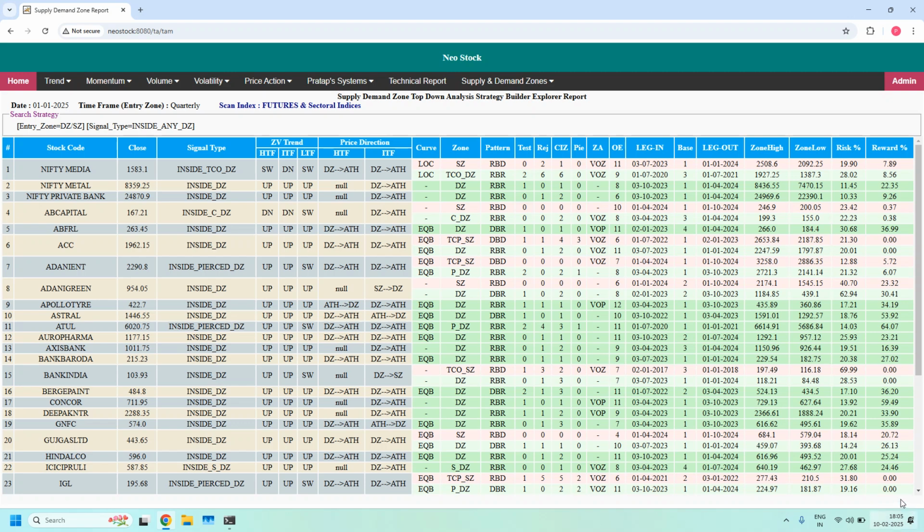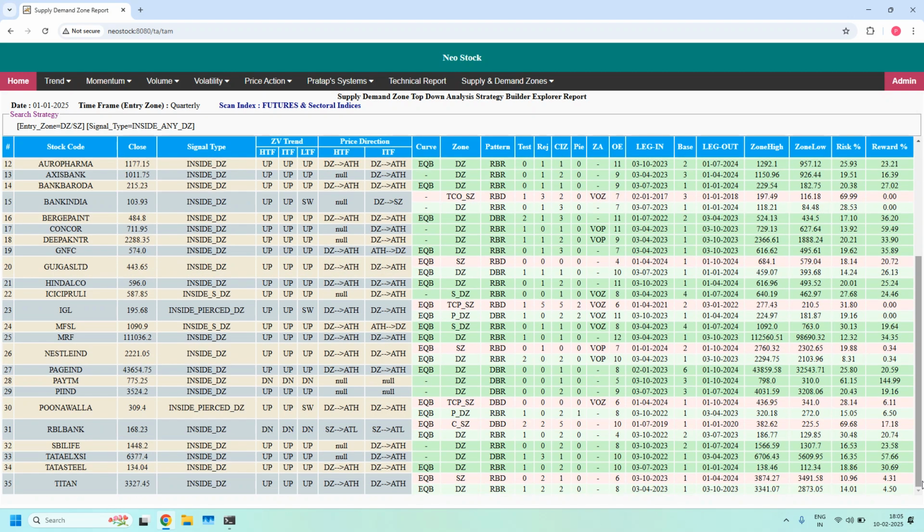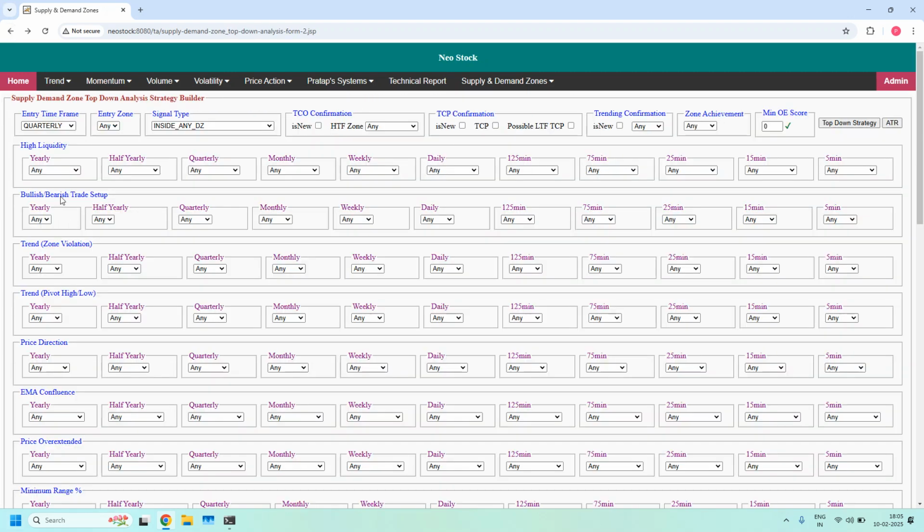I am scrolling the list down. So total 35 stocks. But we can further filter this list by setting the high probability parameter EMA Confluence. So quarterly demand zones having quarterly EMA Confluence, we can filter because the list is big.